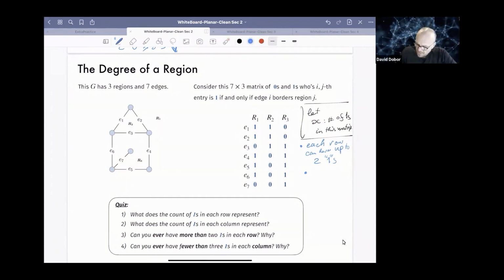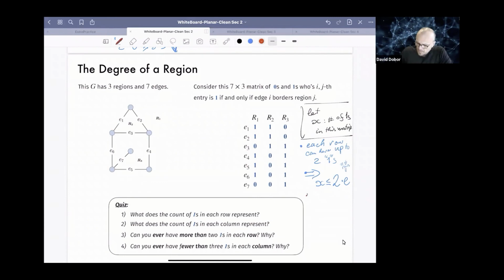Okay, so X is less than or equal to 2 times the number of rows. Agreed? The number of rows is the number of edges, the way I've constructed this matrix. So X, the total number of 1s, is at best smaller than or equal to twice the number of rows, or twice the number of edges.